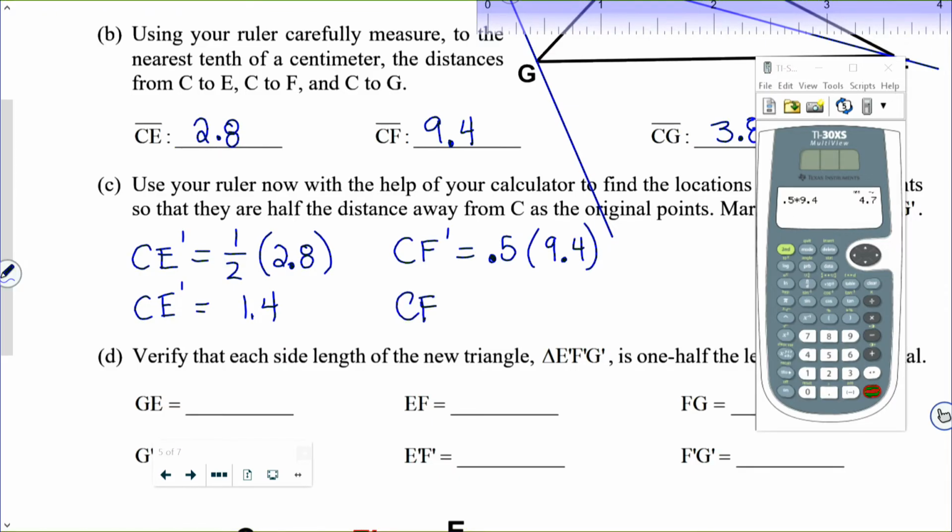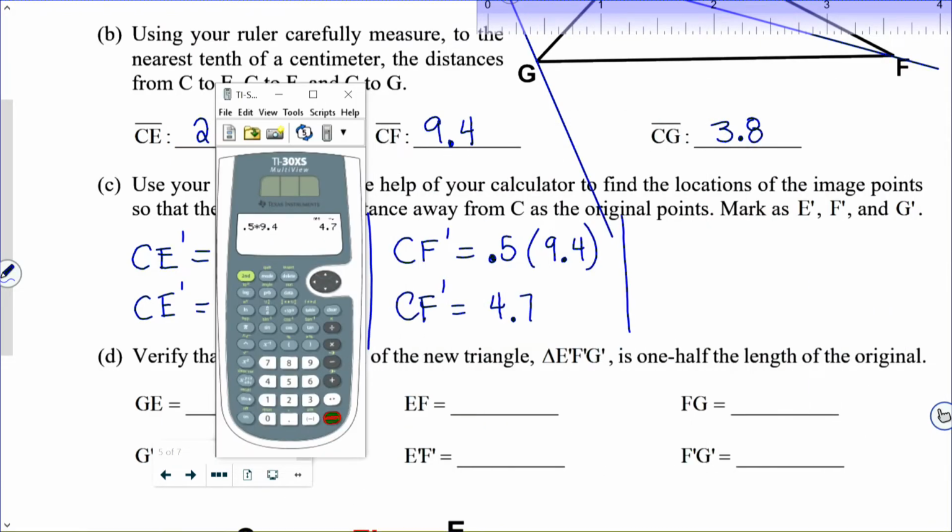So CF prime is going to be 4.7. And finally, let me divide these out a little bit, bring this over here. CG prime will have to be 1/2 times 3.8. And I think I'll just do that one in my head. CG prime will be 1.9.